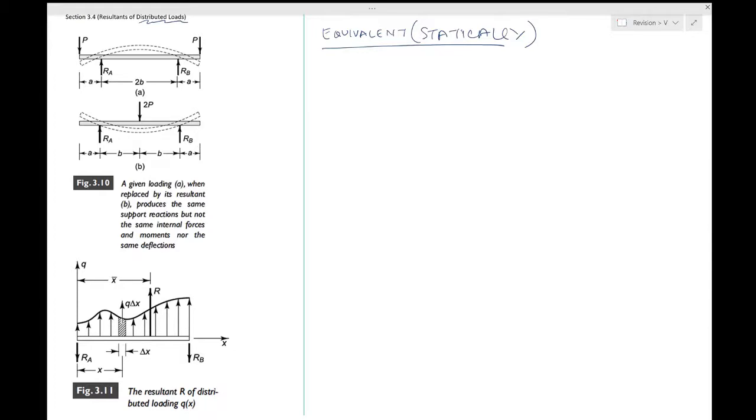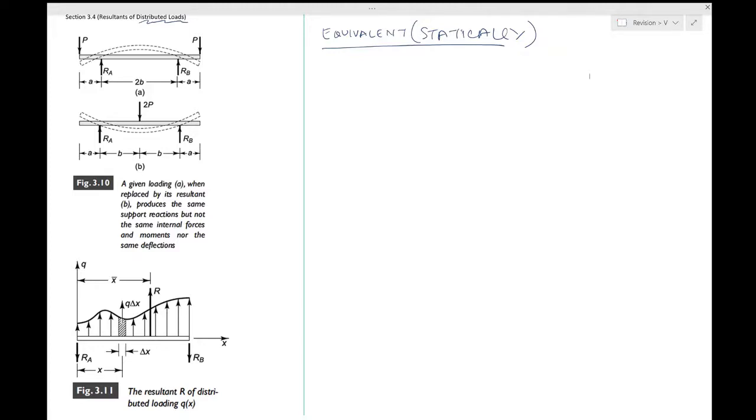So one of the restrictions is that you have distributed loading, and it is convenient to work with the resultant of the distributed load rather than work with the actual distribution. There's a lot of integration involved and so on. The only thing is that this works only when you are evaluating the external reactions on the member.